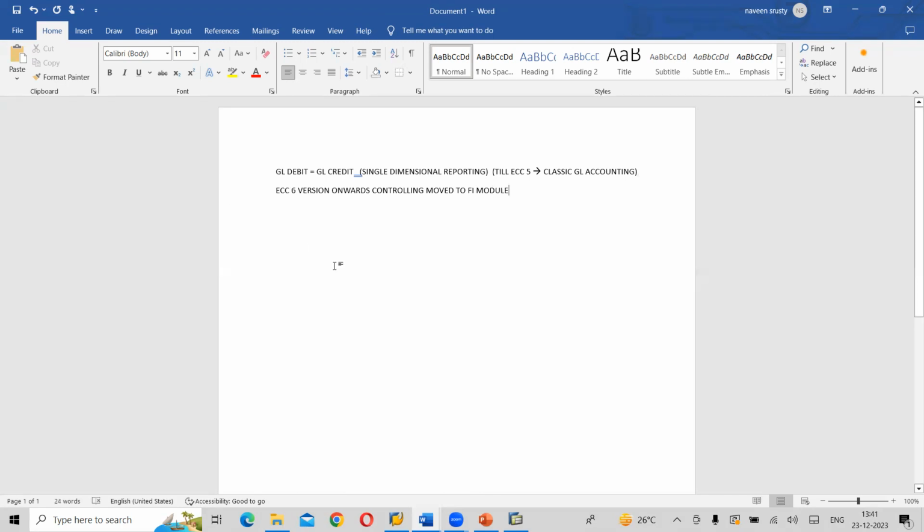Till before ECC 6, controlling area is with CO module, right? So when it was moved from controlling to FI module, a lot of demand increased in the market for SAP.